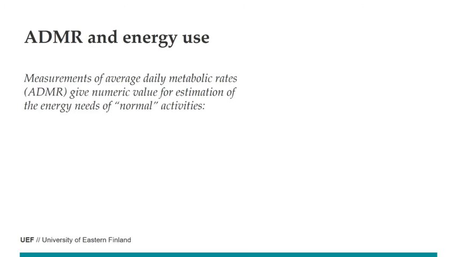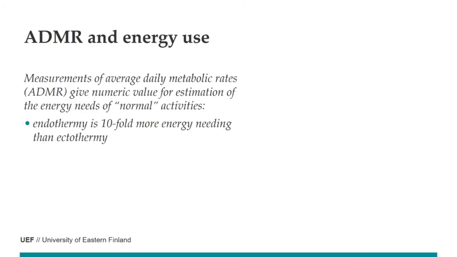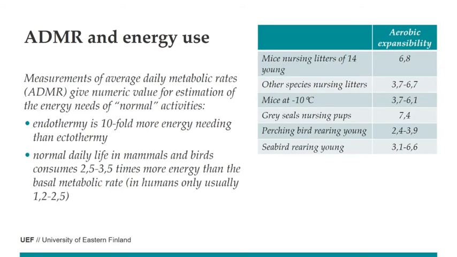But how much? Well, we can compare by estimating the average daily metabolic rates, and see that it's a 10-fold increase. But these experiments have also shown that the normal daily life of mammals and birds consumes 2 or 3 times more energy than the basal metabolic rate.